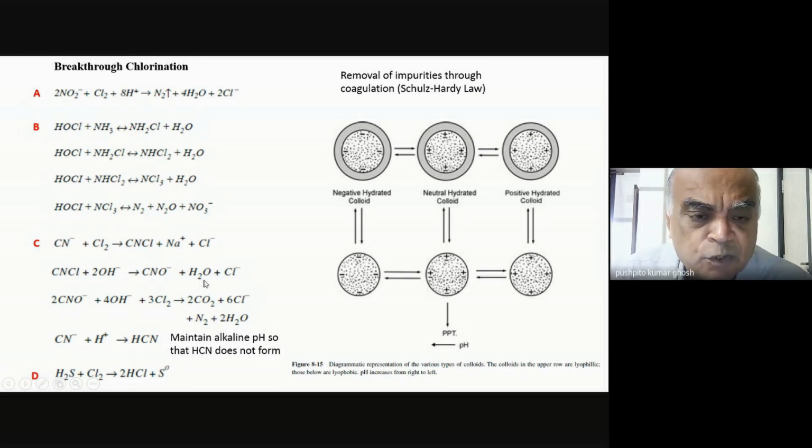So it's a very nice method of converting something into an insoluble and benign gas.